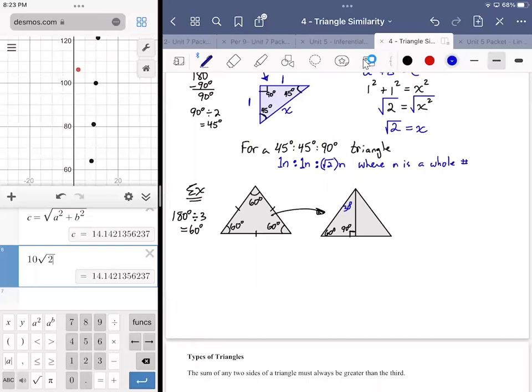Got to be a 30-degree angle. One day I'll figure out a better way to do that. All right, so this triangle here, I'm reproducing over here: 60 degrees, 90 degrees, 30 degrees.